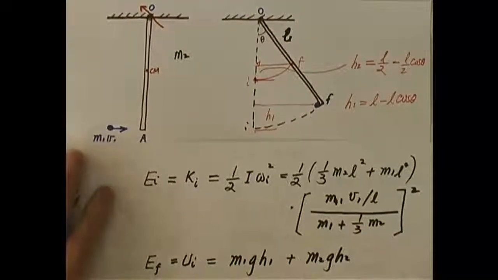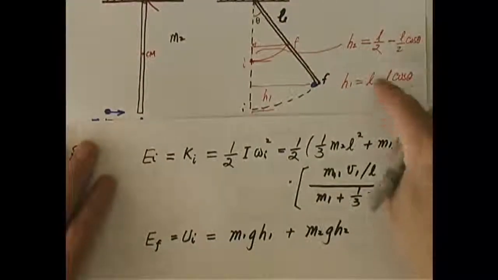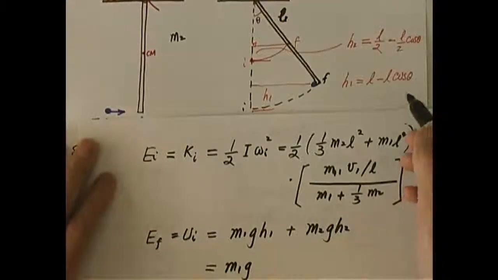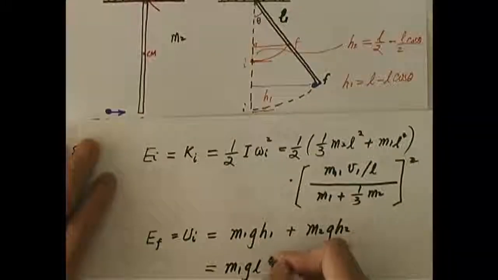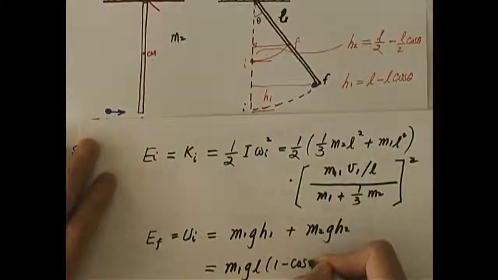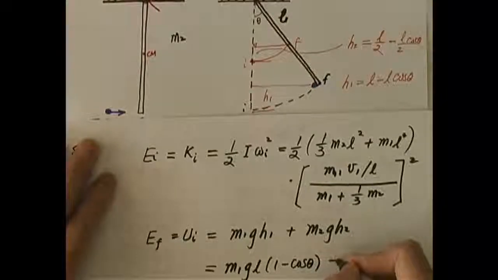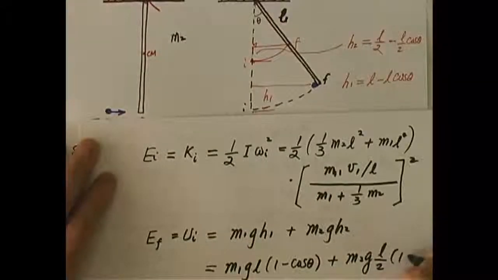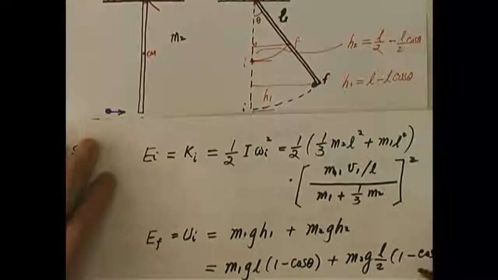Okay, let me write down H1 and H2. They're right here. So that will be equal to M1 G times L, taking that L out, 1 minus cosine theta, and then plus M2 G times H2, we take half of L out, 1 minus cosine theta again.